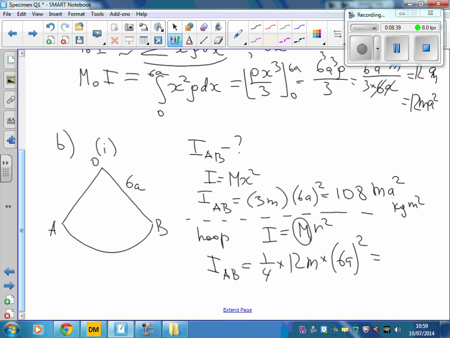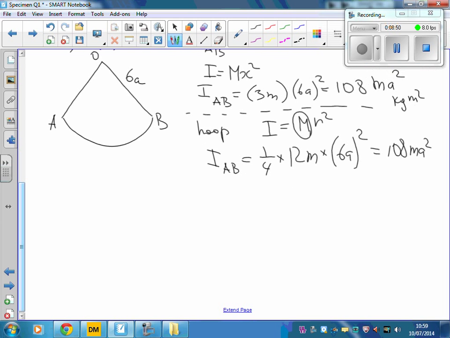Obviously, this will give you the same answer, 108 ma squared. So you can use whichever way you prefer in the exam.